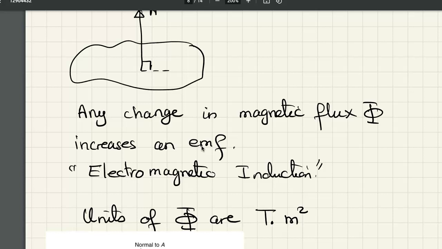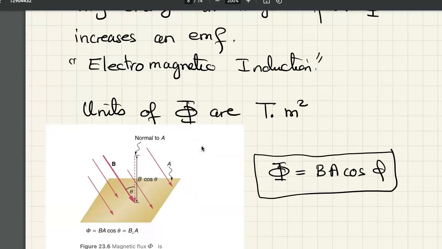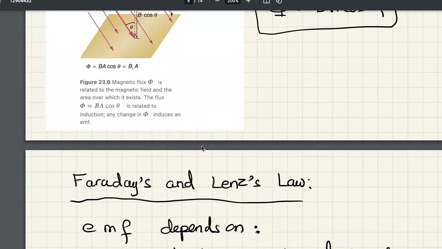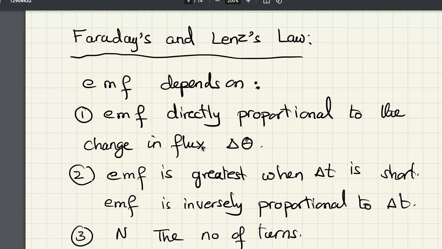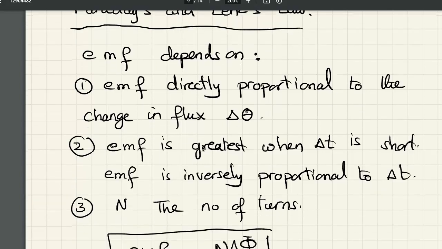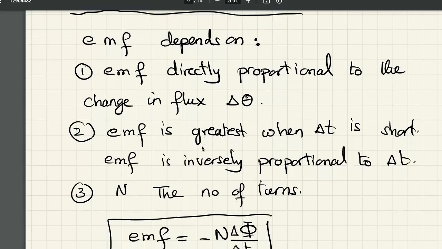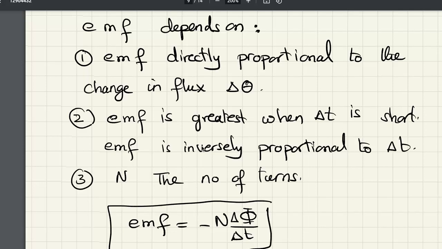Now, of course, based on the equation, the units of magnetic flux are really Tesla times meters squared. Now, Faraday's law and Lenz's law are really very related. The EMF depends on the change in the flux. EMF is greatest when delta T is short.